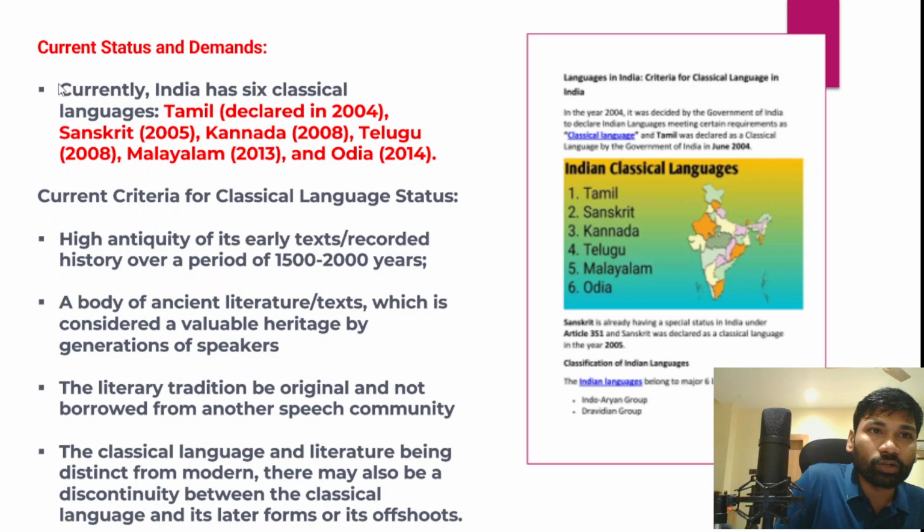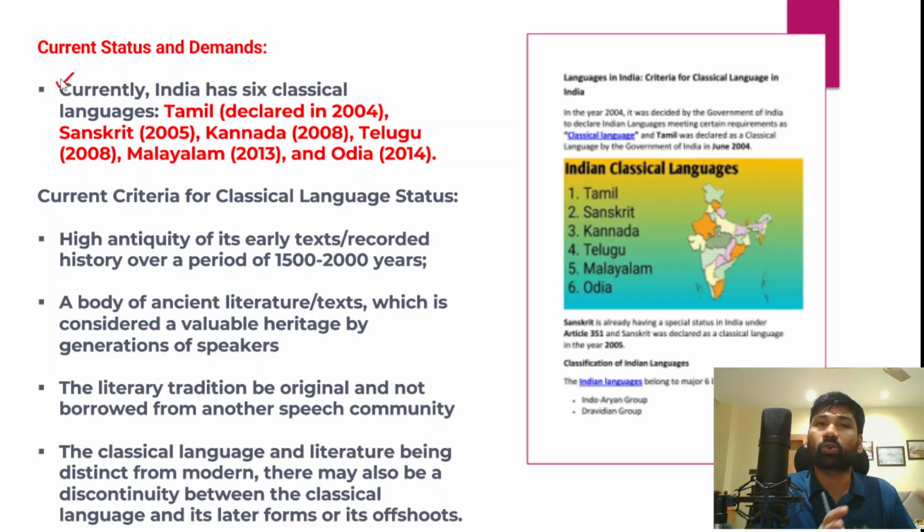Now, as I have already told you, there were 6 languages which were already accorded the classical language status. Tamil was given classical language status in 2004, followed by Sanskrit in 2005, and then Kannada in 2008, and Telugu again in 2008.